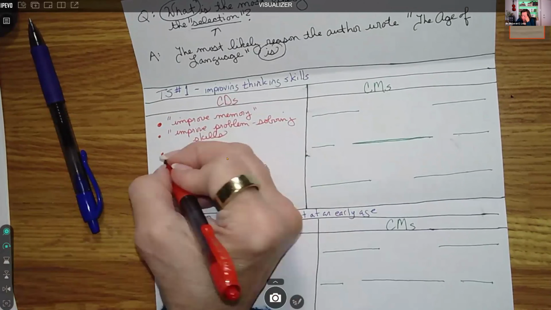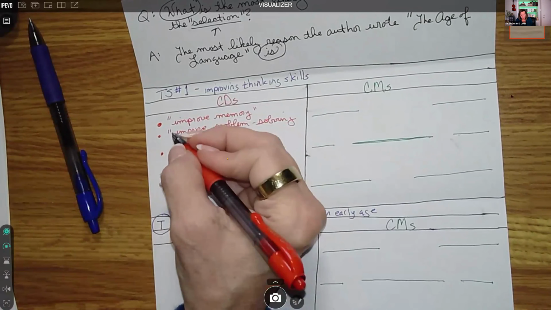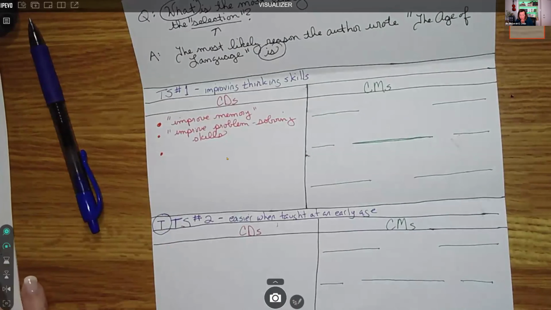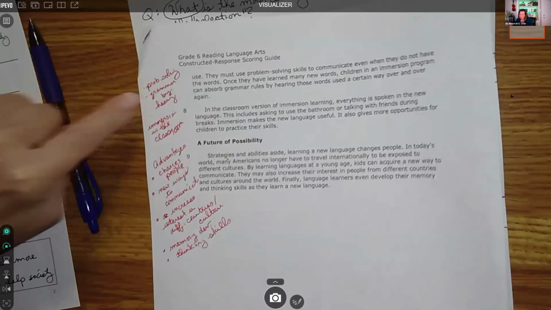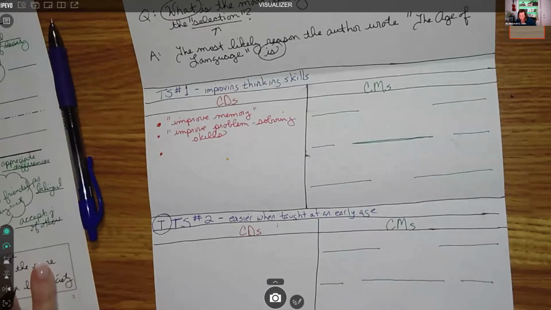Something else that I learned about the thinking is, remember, it talked about the problem solving. This paragraph talked about problem solving by hearing the grammar, hearing the words.